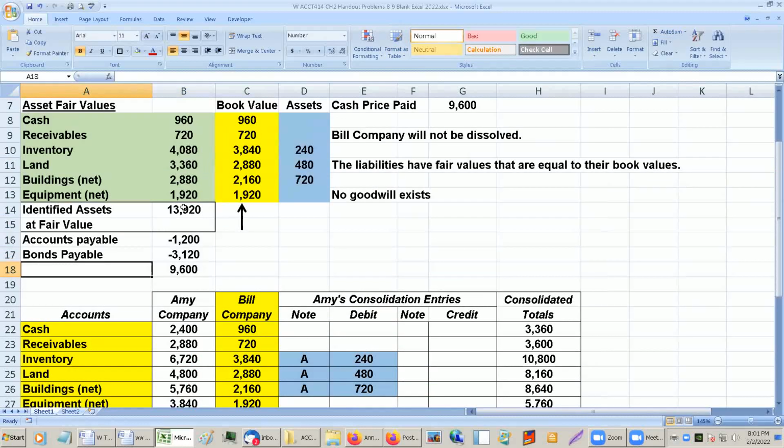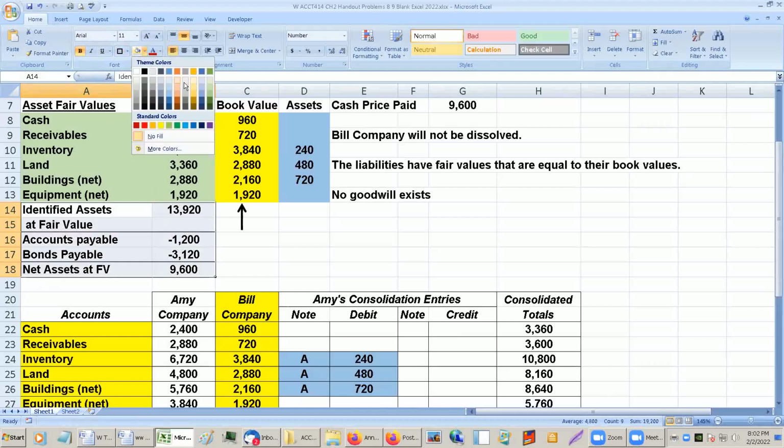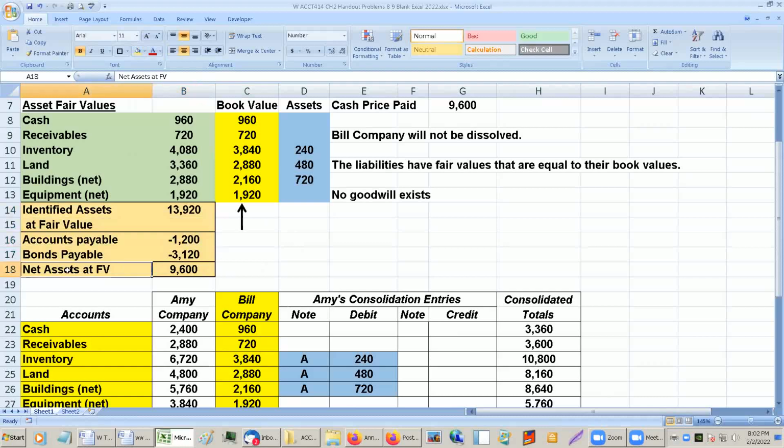You'll notice this 9,600 is the same as the cash price we paid on this one. So there wasn't any goodwill. We could have tried to calculate it. And if we had paid more, like let's say we paid 10,000, then there would have been 400 of goodwill. But yeah, it's an excellent question.